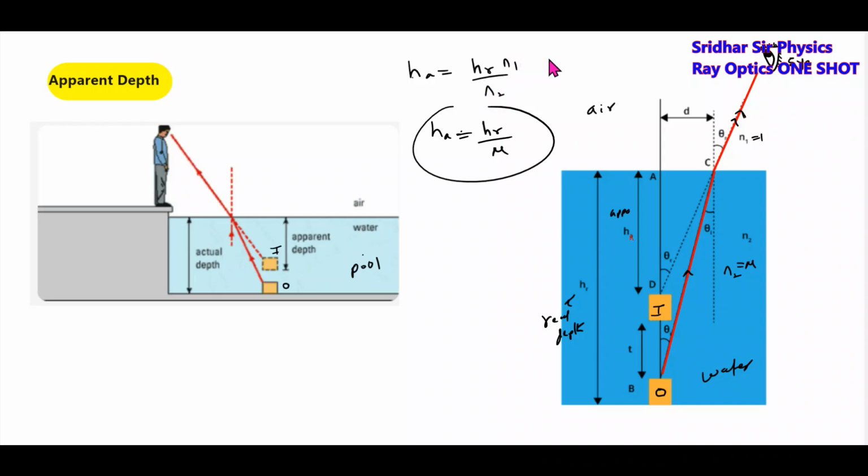If the viewer is in air, this n1 will become equal to 1. So apparent depth is equal to real depth by the refractive index of the medium. This is a generalized formula, try to remember.